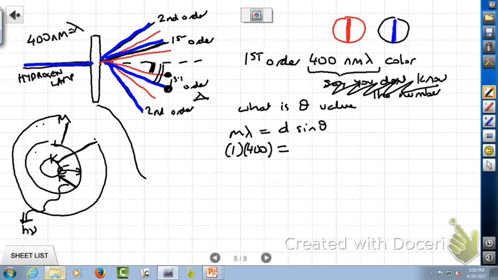A typical diffraction grating is characterized as something like 600 lines per millimeter. They're very close together. But I want to know what d is. D is equal to the distance, 1 millimeter, divided by the number of lines, 600.